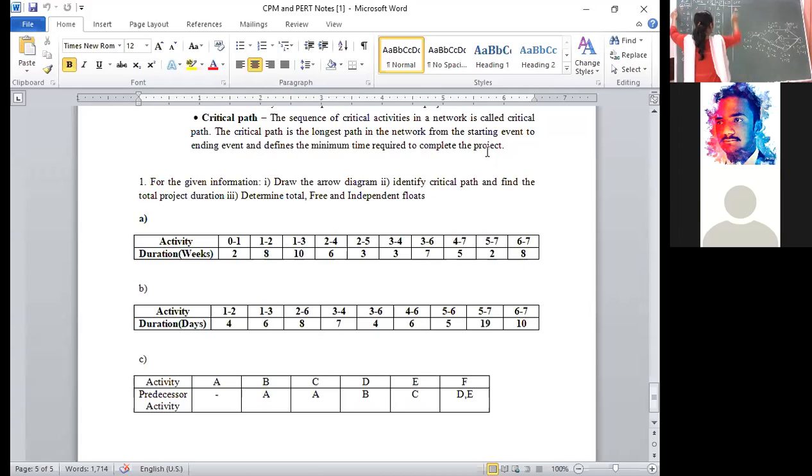Latest to finish: we have to write from the last node. L7 value is 27. L1 value is 2. L2 value is 16. L3 value is 12. L4 value is 22.